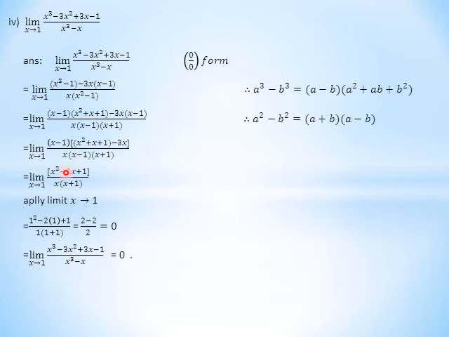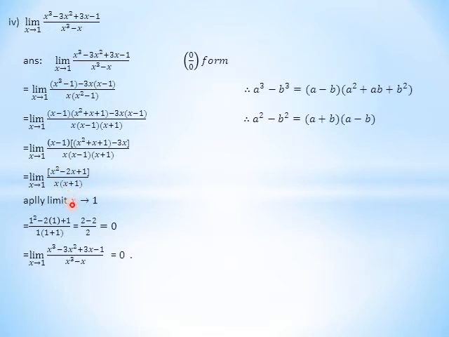Like terms we can solve: minus 3x plus x is minus 2x. In the denominator, if x approaches 1, 1 plus 1 is 2, and 2 ones are 2, so there is no 0 in the denominator. By using algebraic techniques the denominator does not go to 0, so the function will be defined.